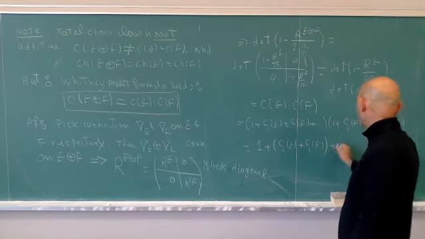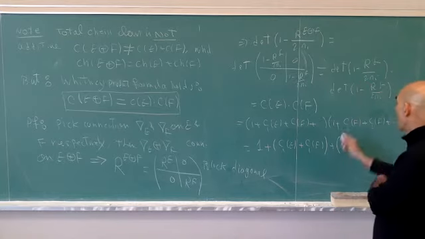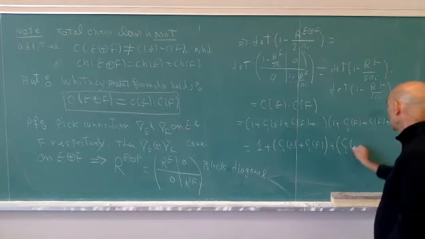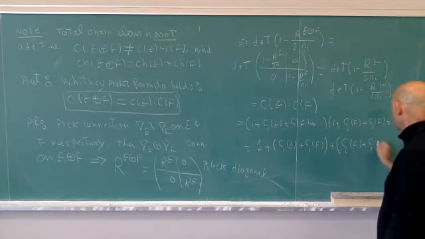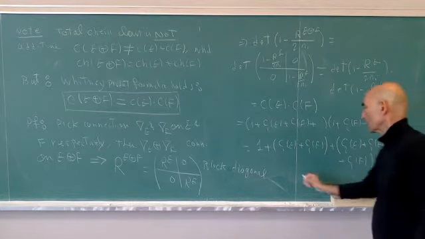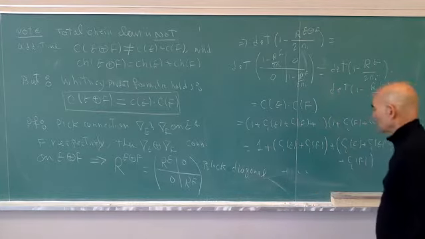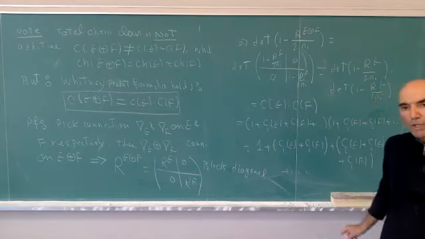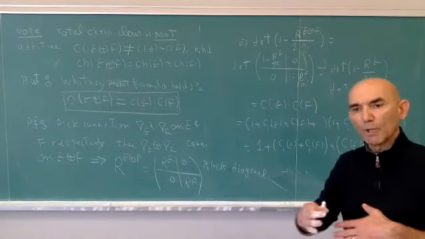Then the degree 4 terms are going to be C2(E) plus C1(E)C1(F) plus C2(F), and so on. So it's a little bit like a product of power series or polynomials.